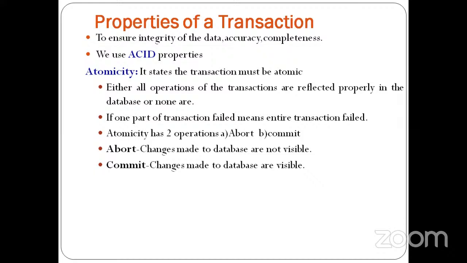If one part of the transaction fails, the entire transaction is going to fail. Two operations are performed in atomicity, that is abort and commit.